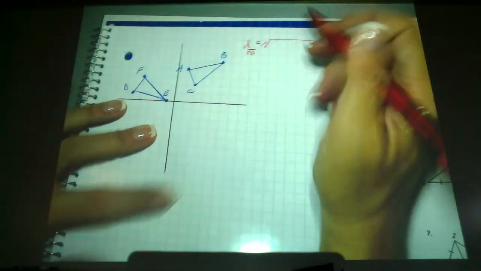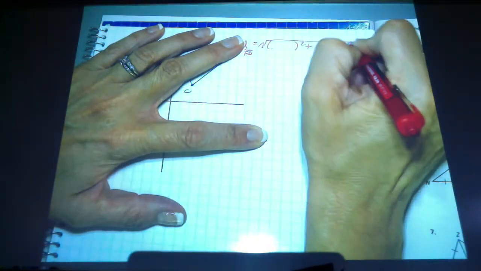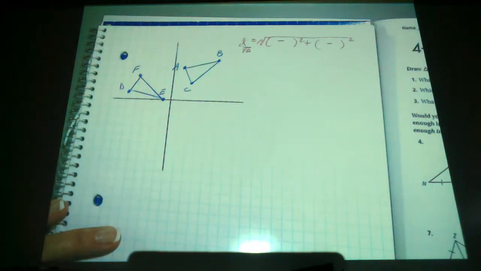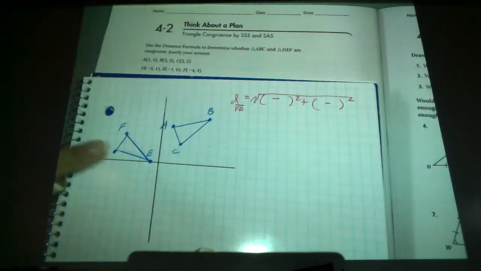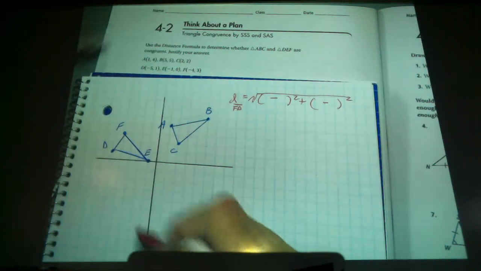So I'm going to draw my template, and there's a minus in between there. It might be helpful to look at my ordered pairs here. It'd be nice if I had labeled them too. You could do either.